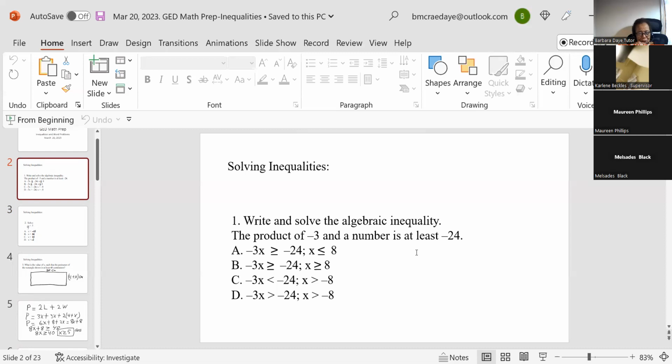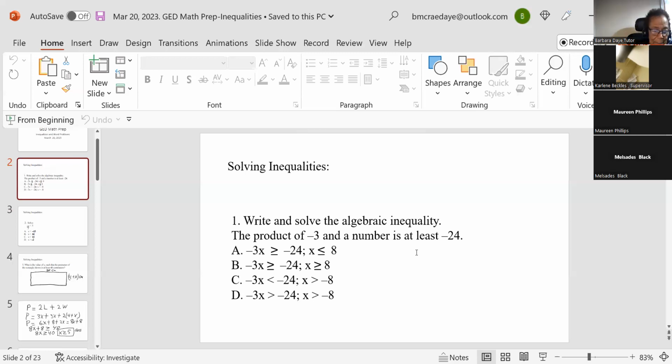Which of these are correct for this inequality? At least means what, Maureen? Greater than or equal. At least means greater than or equal. At most means less than or equal. That's right. So based on that, Maureen, what would you say the answer is? A, B, C, or D?